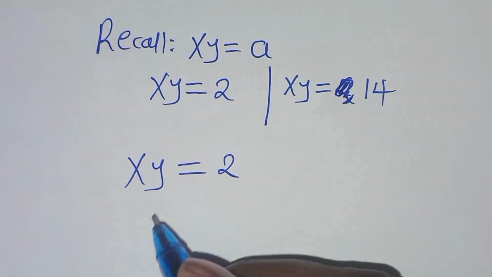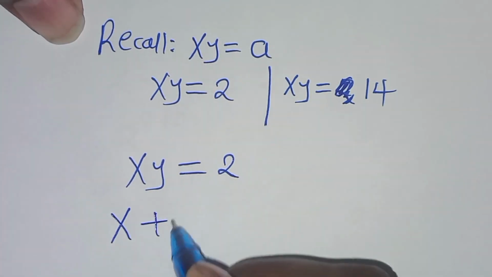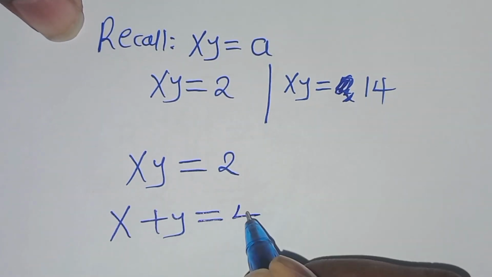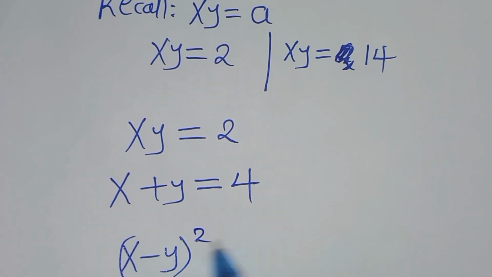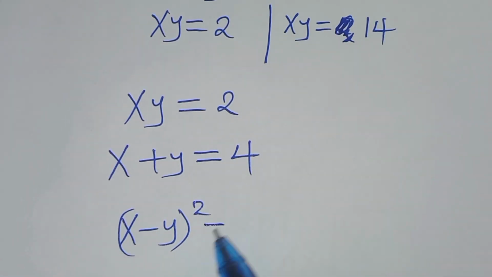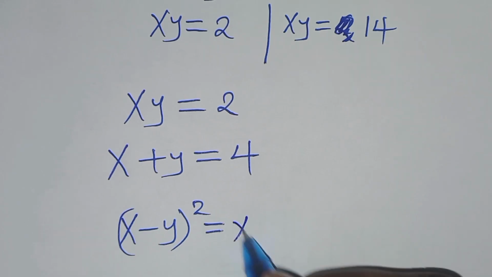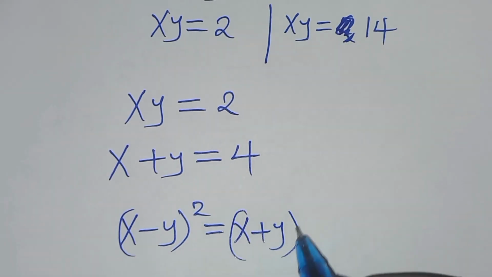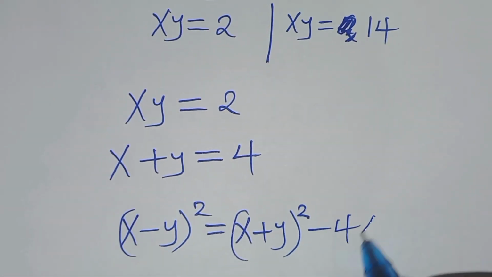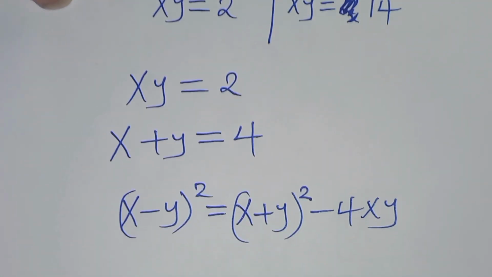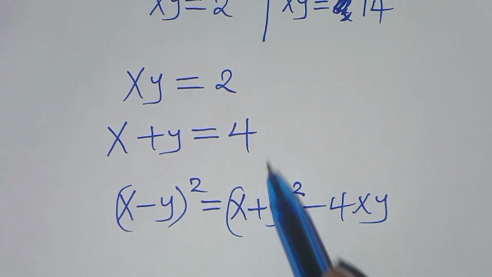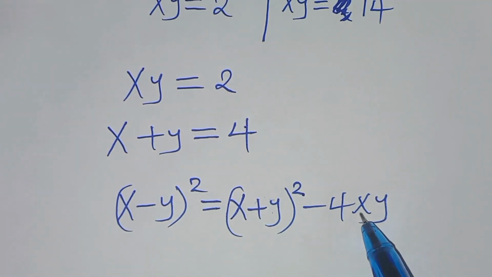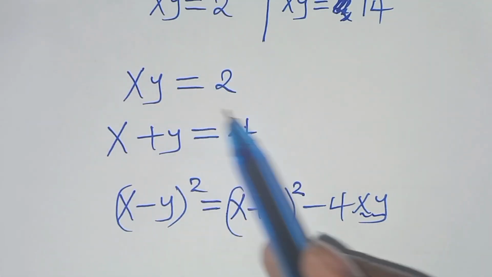From equation 1, which is x plus y, this is equal to 4. And given that (x minus y) squared can be expressed as (x plus y) squared subtract 4xy. From what we have here, x plus y is the same thing as 4, and xy is equal to 2.